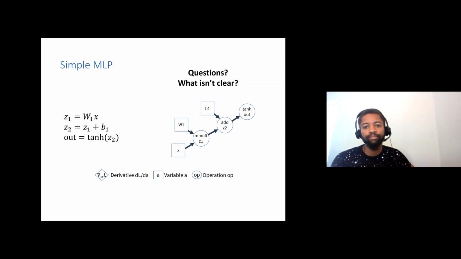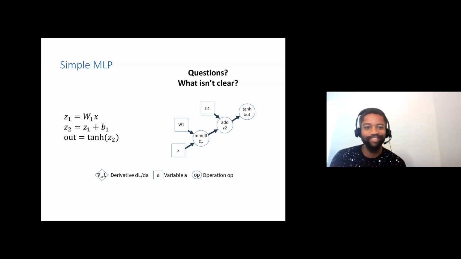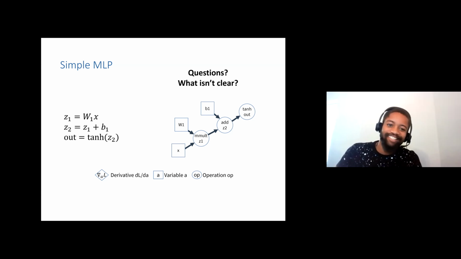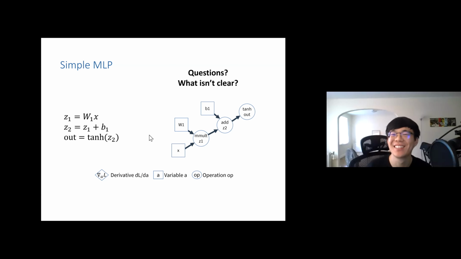So z2 would have to unbroadcast that gradient before it passed it to b1. So should we just sum up all the elements along the axis where b is being broadcast to unbroadcast, to calculate the gradient? Pretty much. Yeah. All right. Thank you. Big hint.